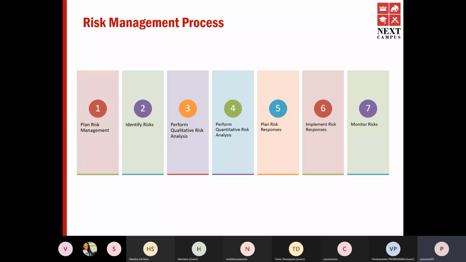So now the third subprocess, which is perform qualitative risk analysis. To be honest, I would consider these three the most important subprocesses in the risk management area. And then finally, this one, monitoring.